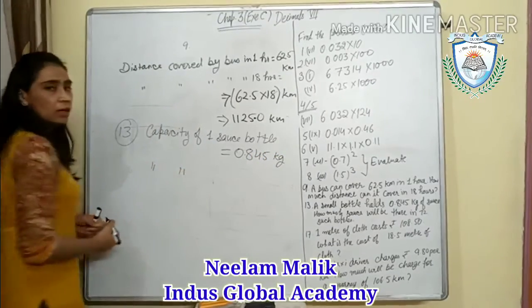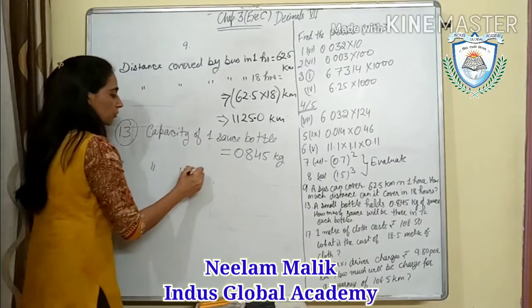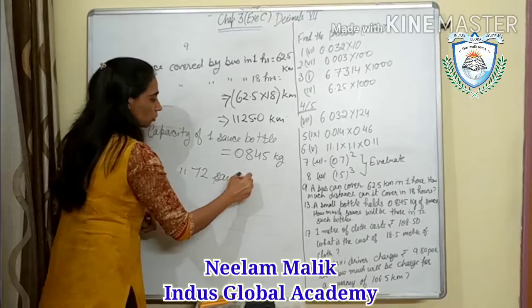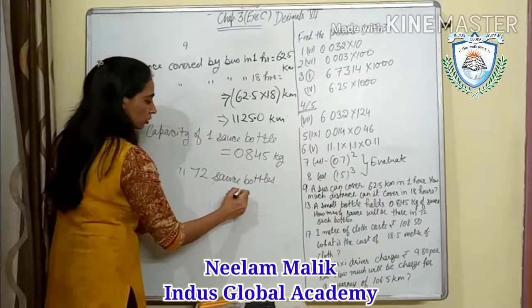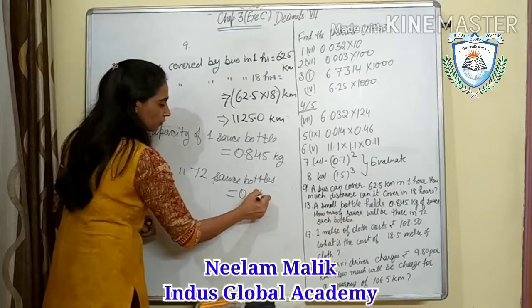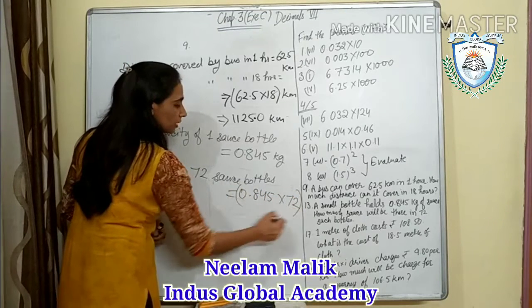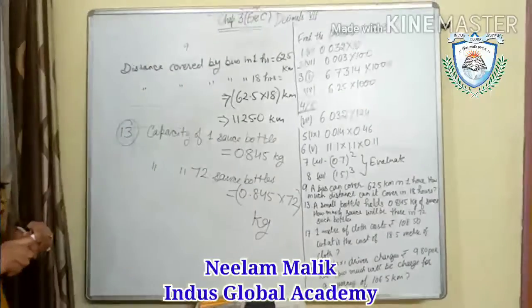For how much do we have to find out? 72 such bottles. Capacity of 72 sauce bottles is equal to, what will we do? 0.845 multiplied with 72. You will multiply this on your own, I am not multiplying. Your answer will be in kilogram.